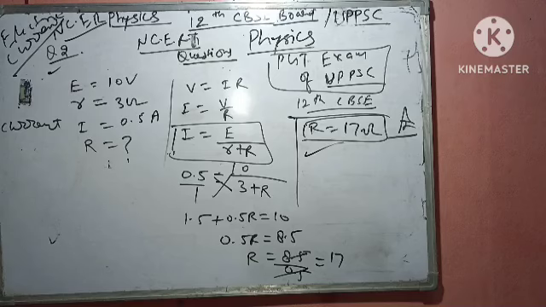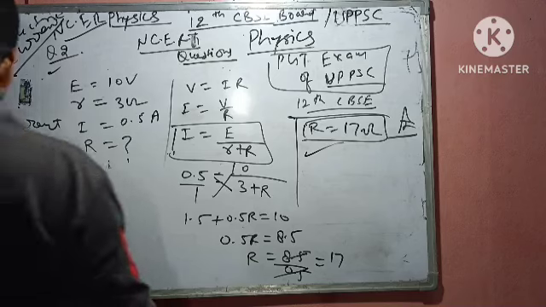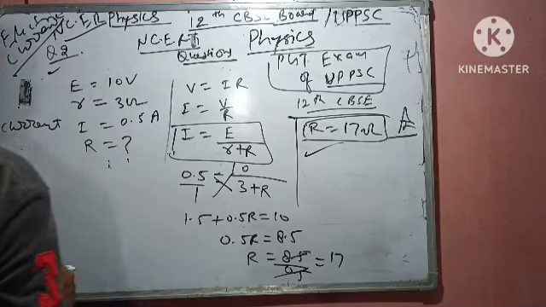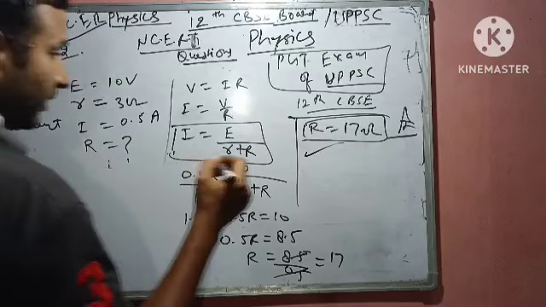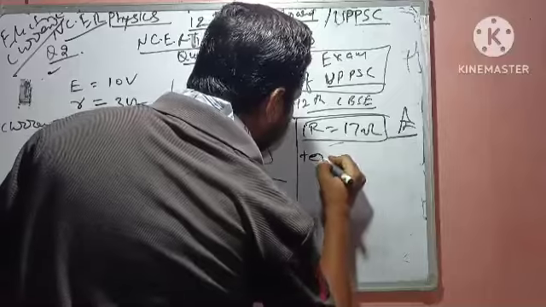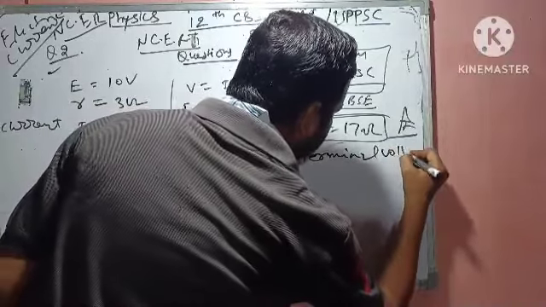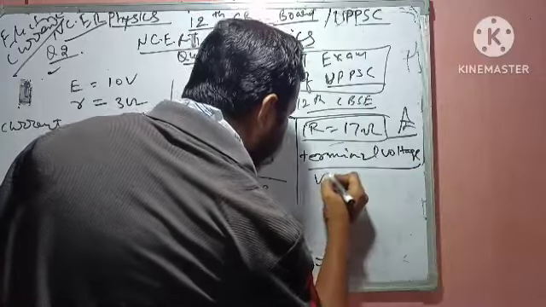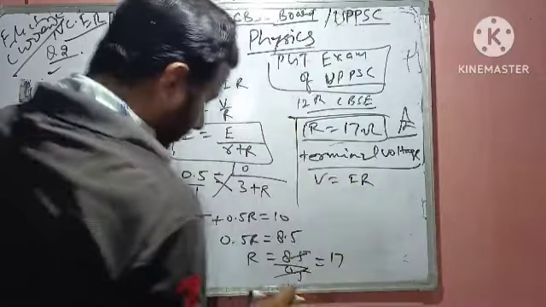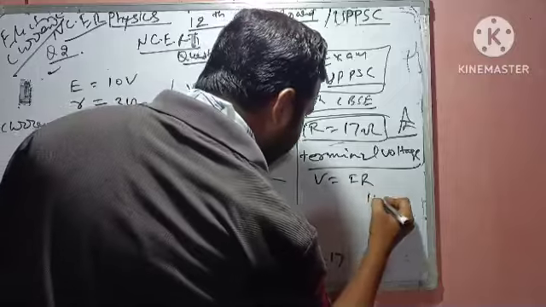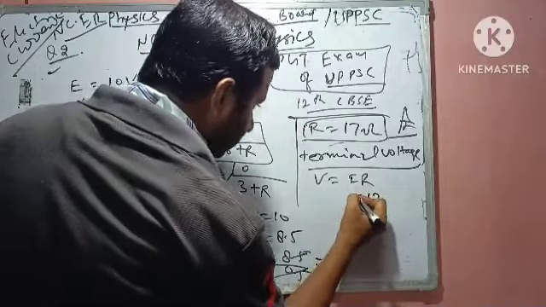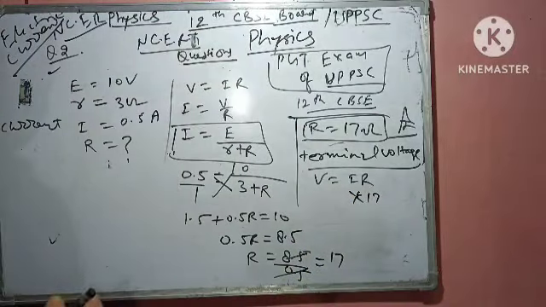Then we will also find the terminal voltage. What is the terminal voltage? So V is equal to IR. Here R is equal to 17, and what is the value of I?